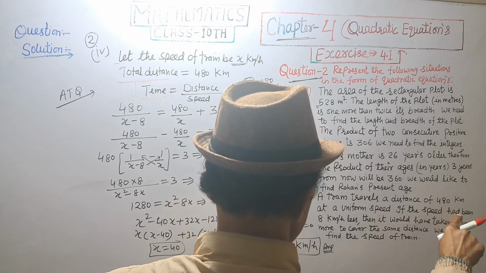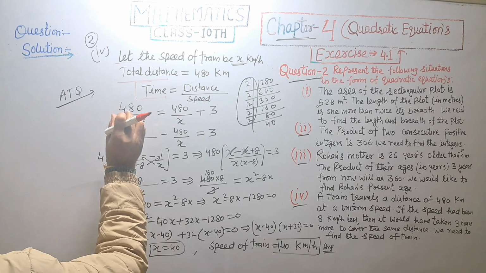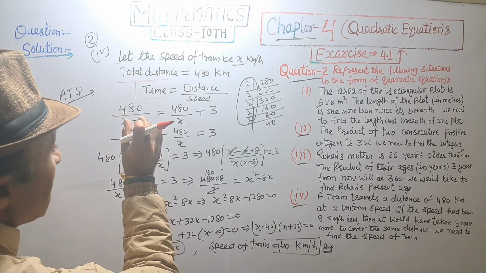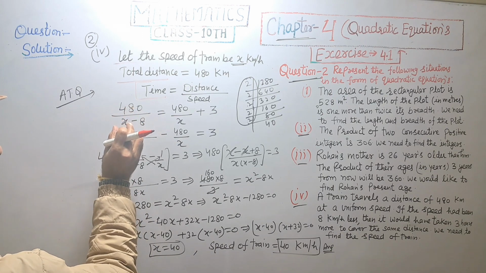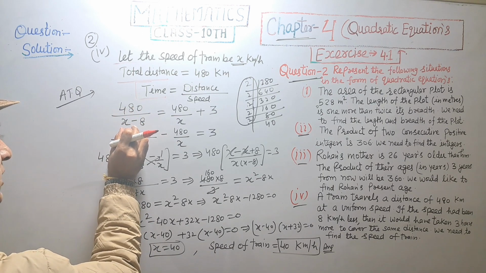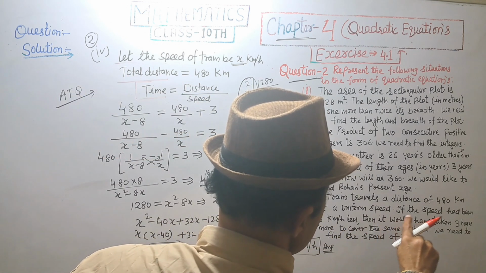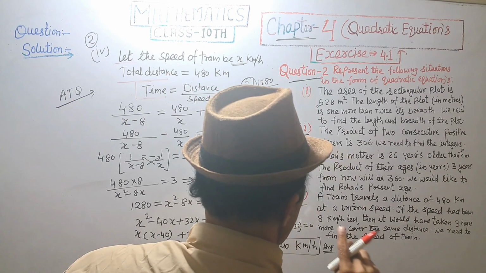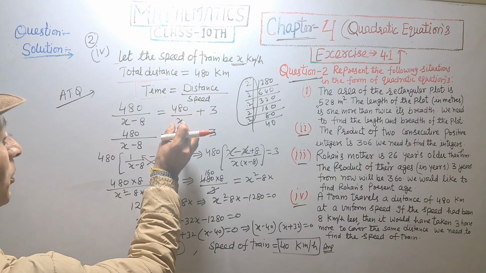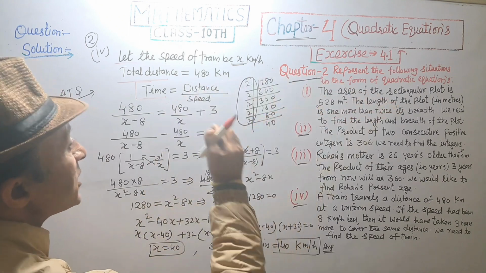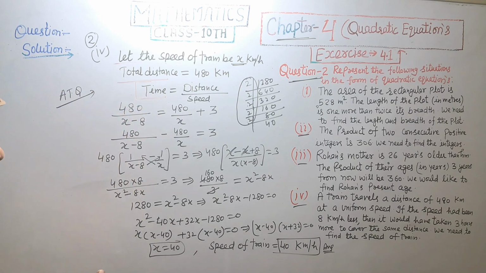If the speed had been 8 km per hour less, 480 upon x minus 8 is equal to, it would have taken 3 hours more to cover the same distance. 480 upon x plus 3 is equal to 480 upon x minus 8.